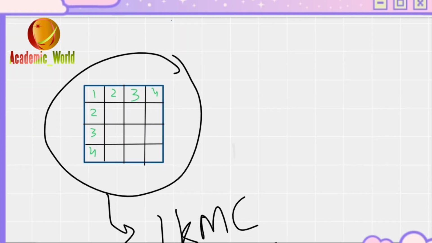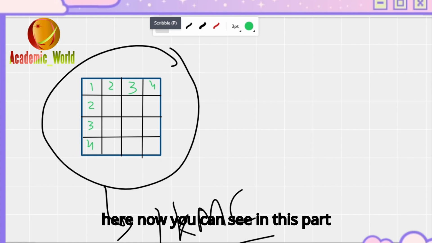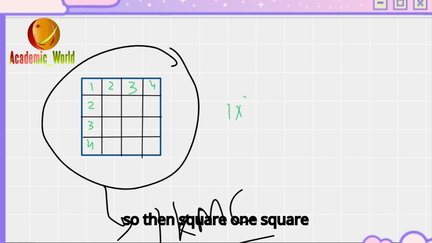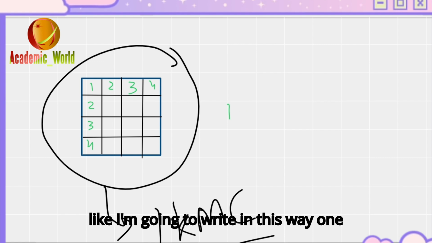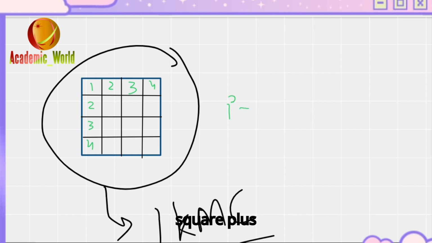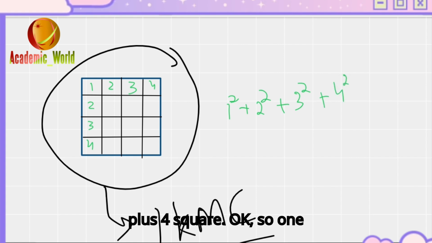Now you can see in this part, I am going to write it this way: 1 square plus 2 square plus 3 square plus 4 square.